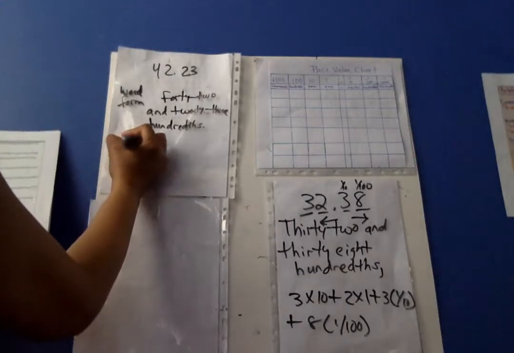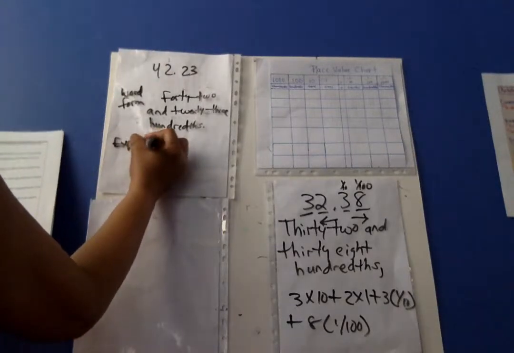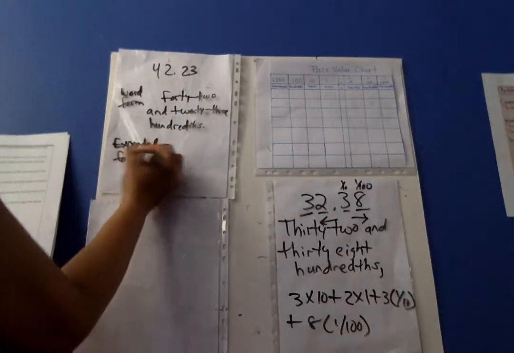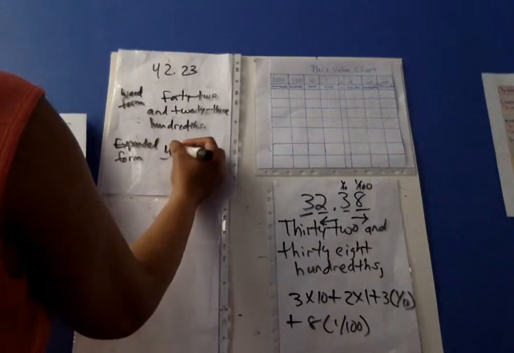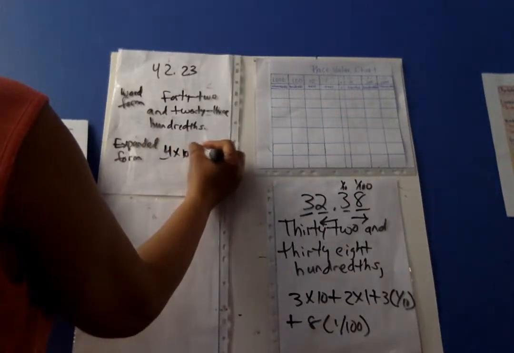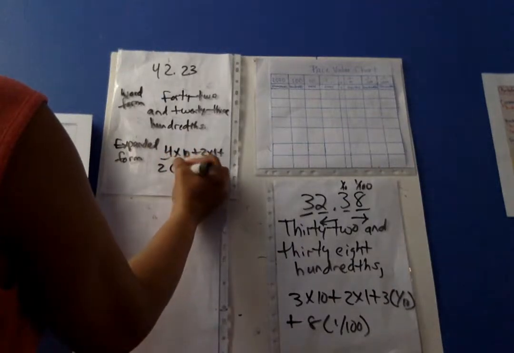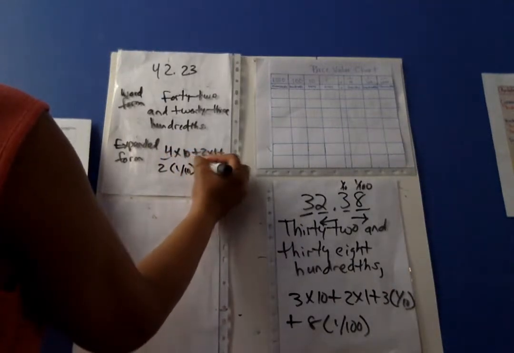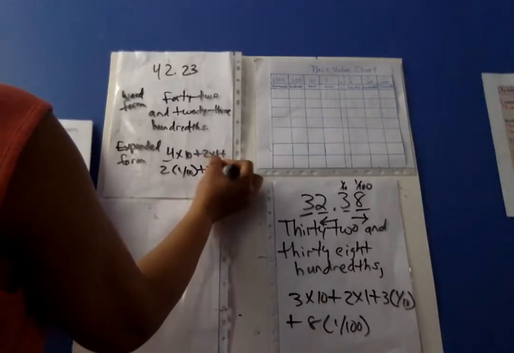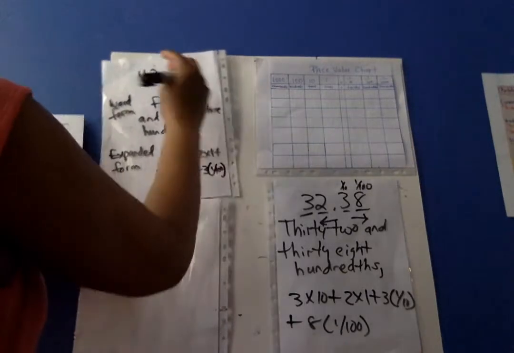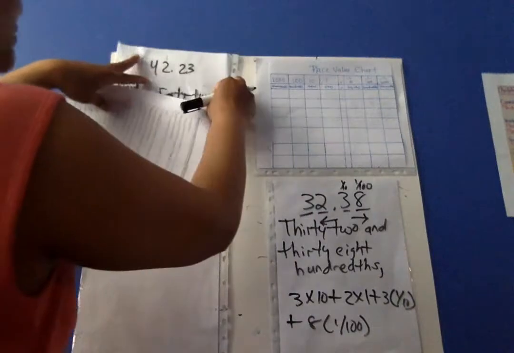Another student will say I can put it in expanded form. 4 times 10 plus 2 times 1 plus 2 and 1/10 plus 3 and 1/100.